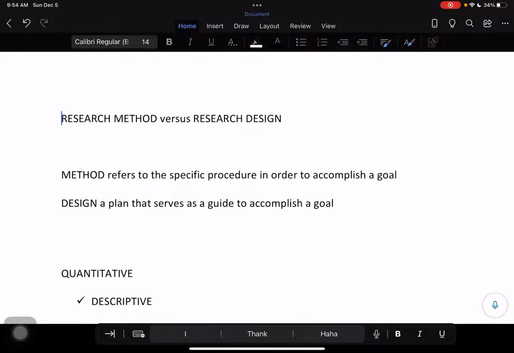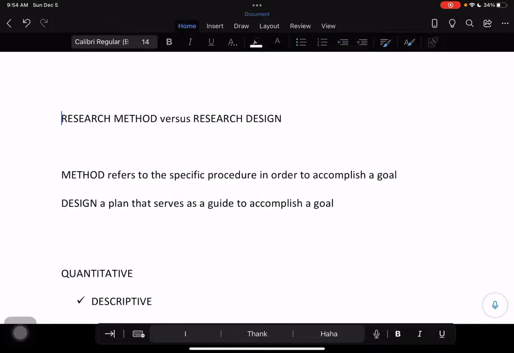Okay, while on the other hand, when we talk about design, design is a plan. Usually, literally, when we talk about architectural design, you can see blueprints with lines, drawings presenting the specific spaces allotted for a specific area.